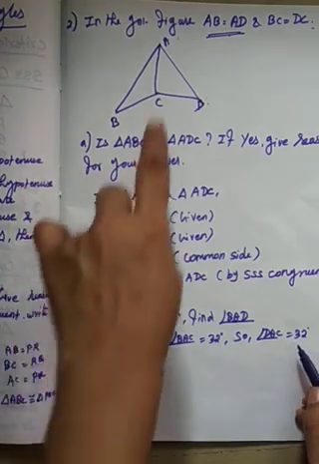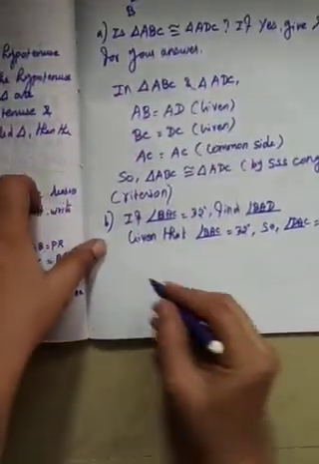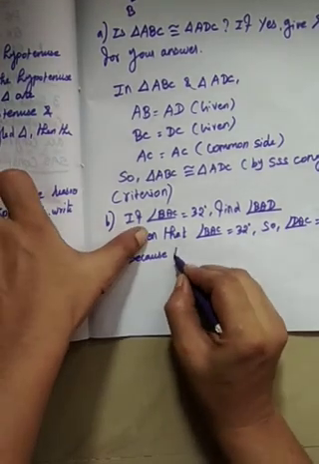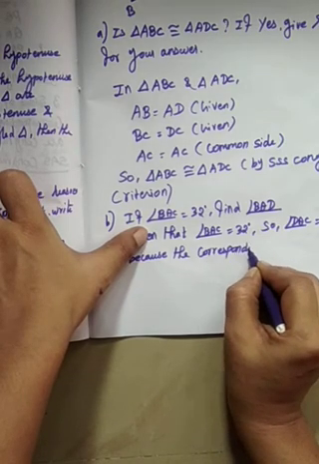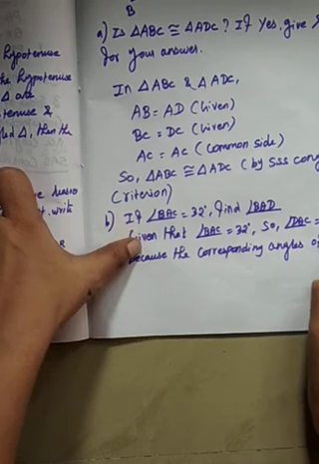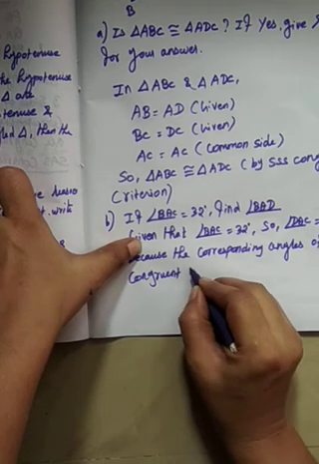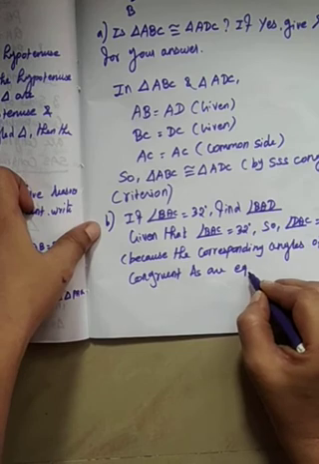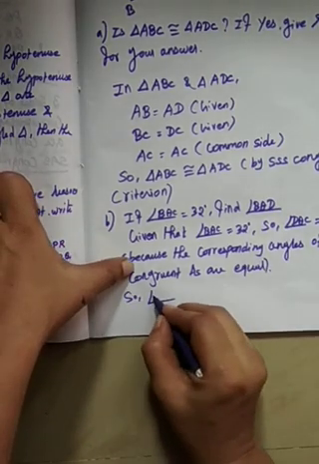Because the corresponding angles of congruent triangles are equal. You have to write: because the corresponding angles of congruent triangles are equal.